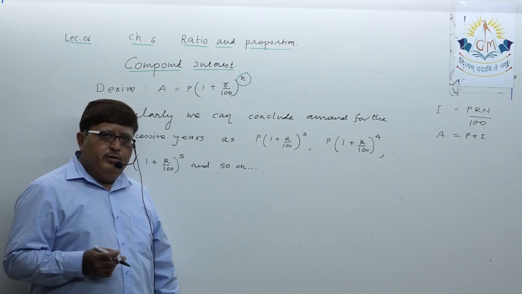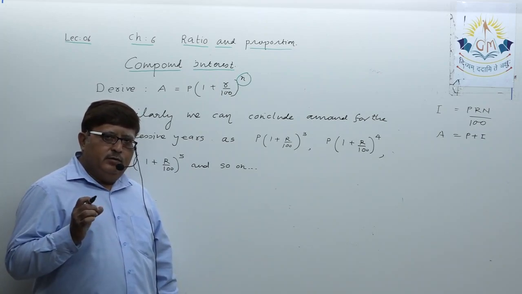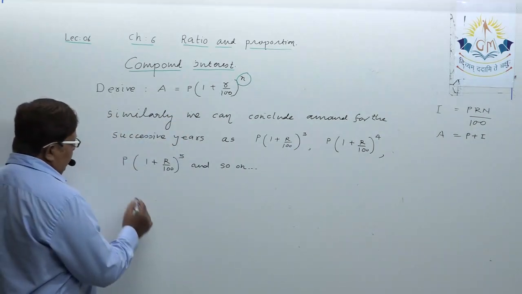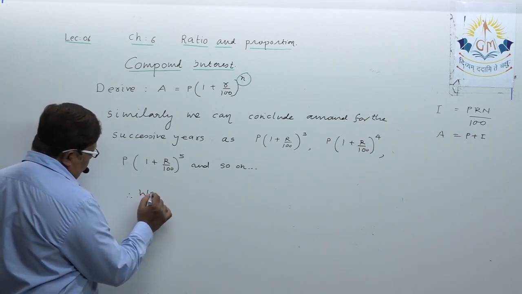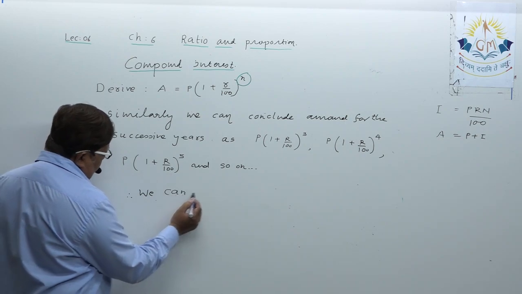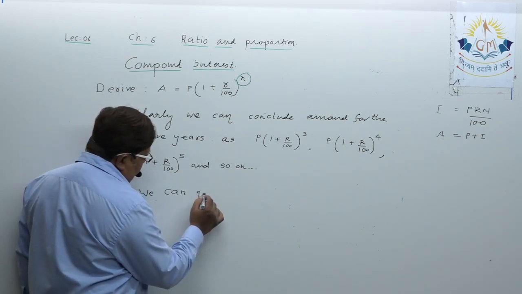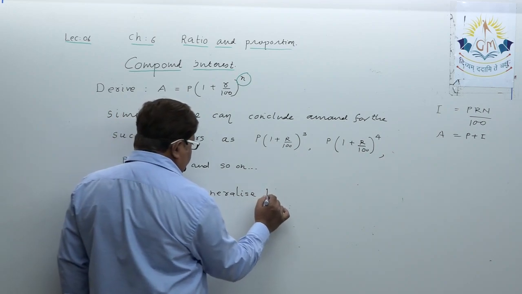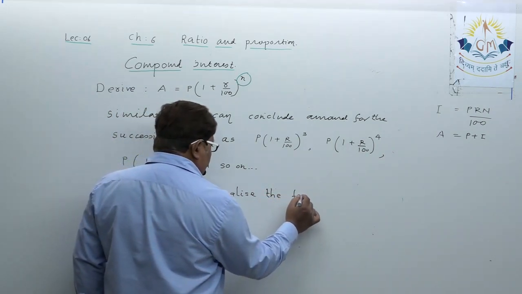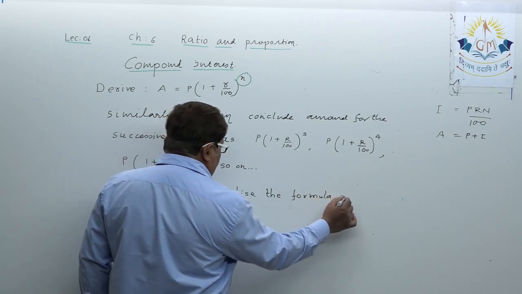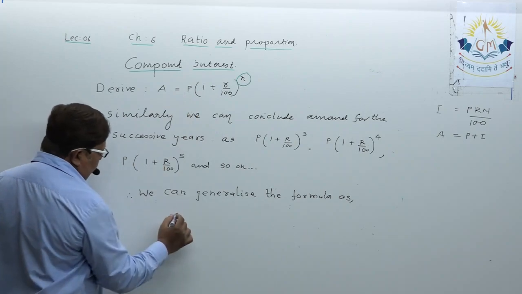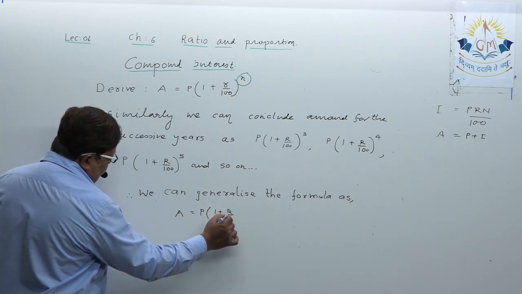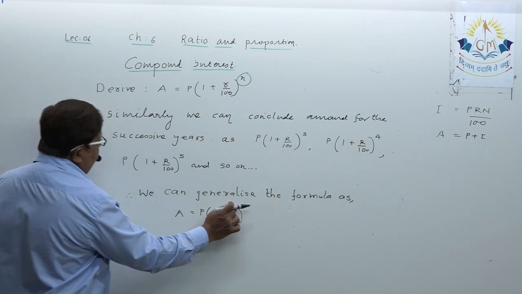For the tenure you have borrowed the money, n will be the generalized number we are applying, and that's why you have to write, therefore, we can generalize the formula as, now you will note this down, A equal to P into bracket 1 plus R upon 100 raised to n.